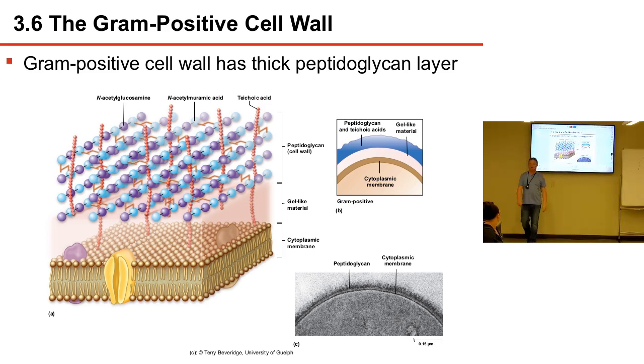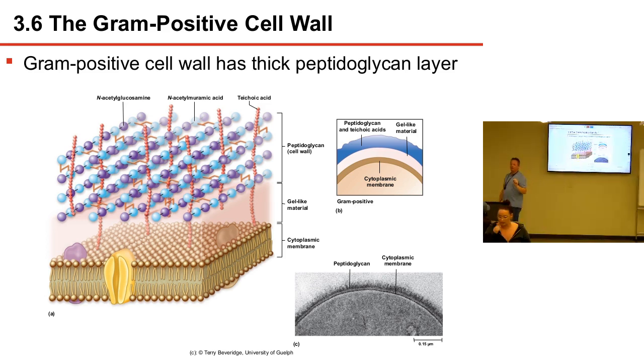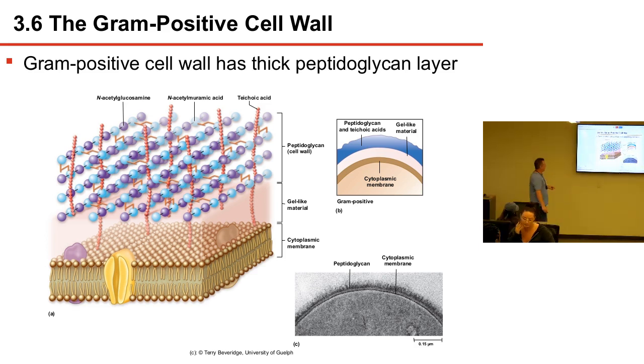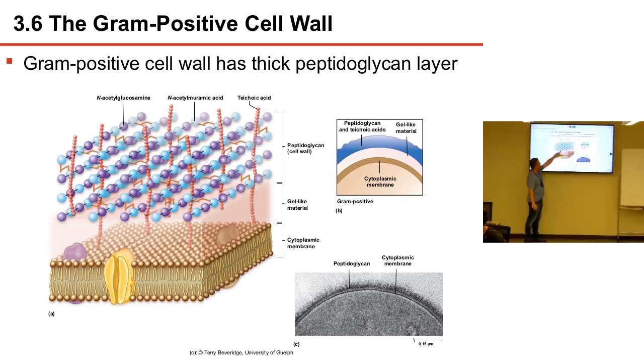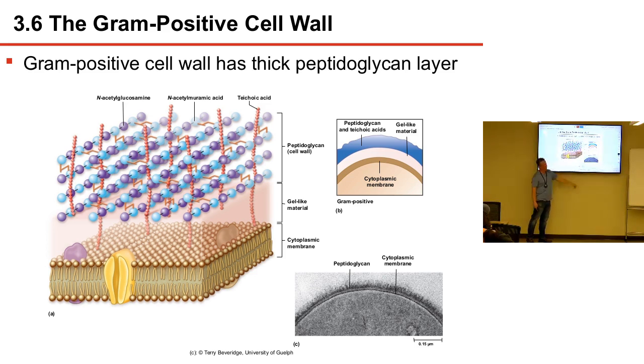Remember I told you the gram-positives have a thicker cell wall. In this case, the thicker cell wall, we can see all the blue and purple dots. Those are the NAG and NAMs coming together making the peptidoglycan. We can see the tetrapeptide bonding holding them together. But then we have something else happening there, right? Those little red lines coming down are the teichoic acids.